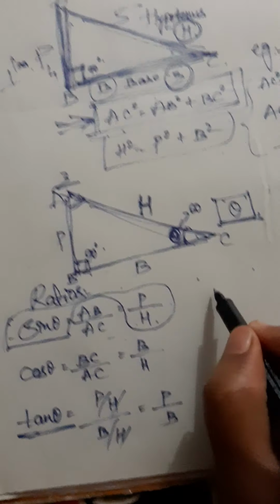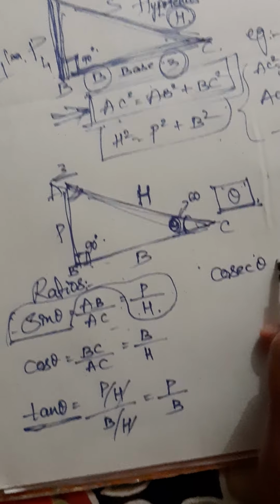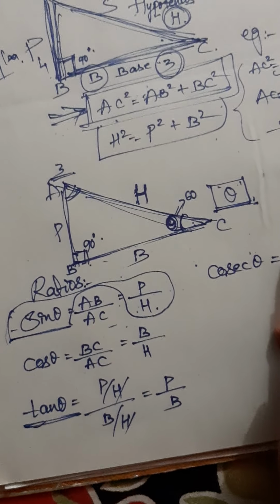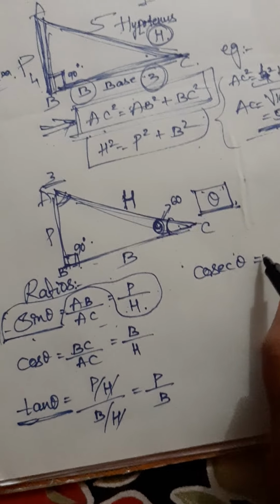Now let's find cosec theta. Cosec theta is the reciprocal of sin theta, the opposite of sin theta.